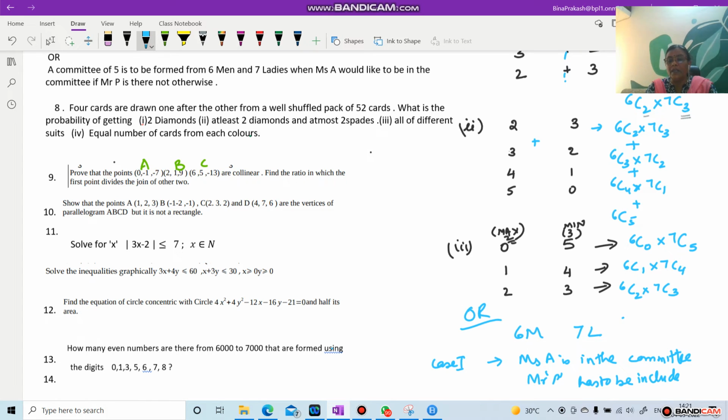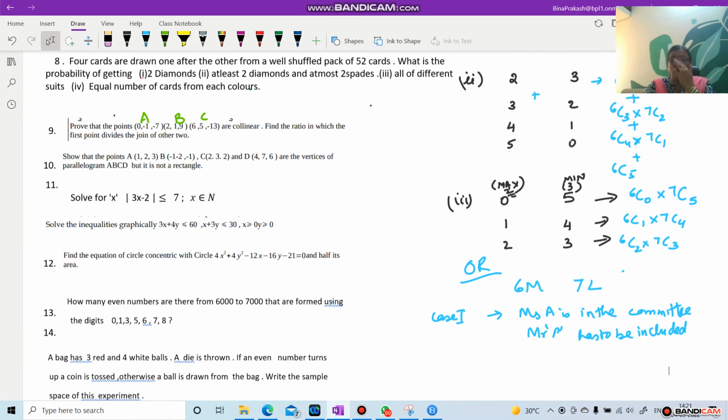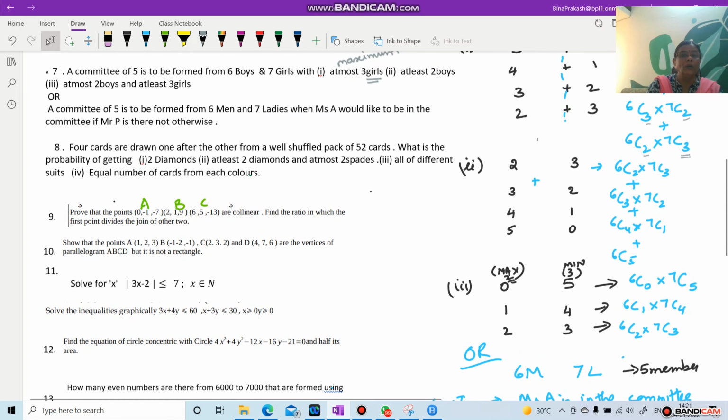So how many ways can this selection be made? We need a 5-member group. Of the 5 members, we have already taken A and P, so 2 members are already there. Do we have any other restriction? No, the number of men and women is not specified. So we make the remaining one group.